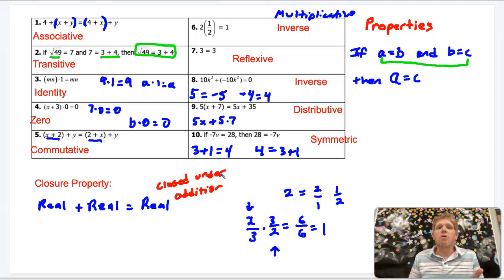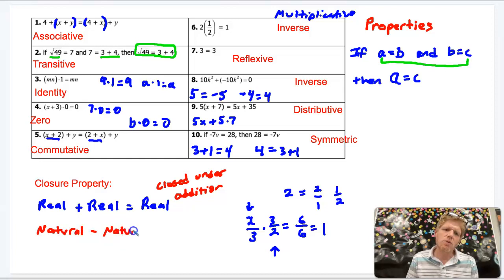What if we were to say the natural numbers, for example? If we take a natural number and we subtract a natural number, will we always get a natural number, right? Are the natural numbers closed under subtraction? If we subtract any natural number, will we get another natural number? No, it's not closed. And this is why.